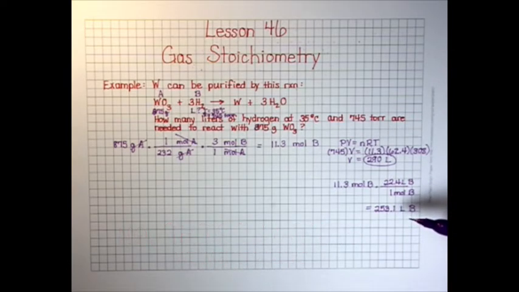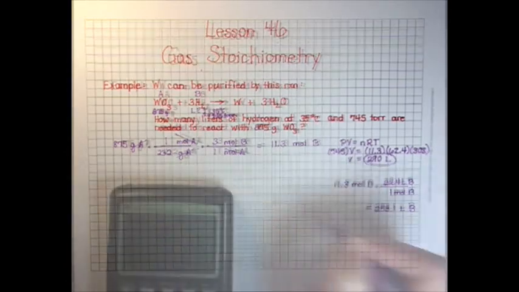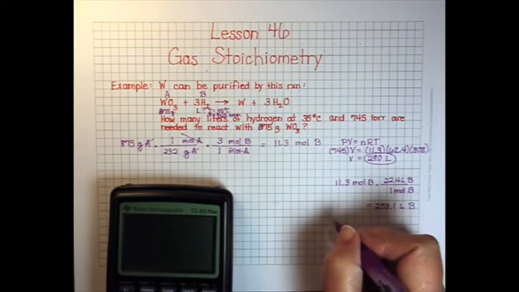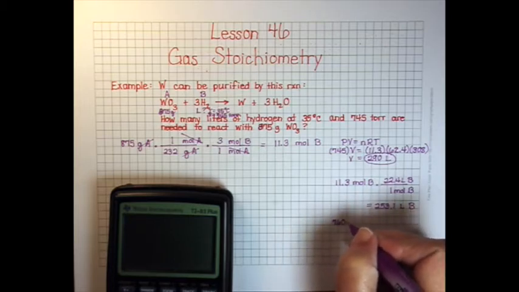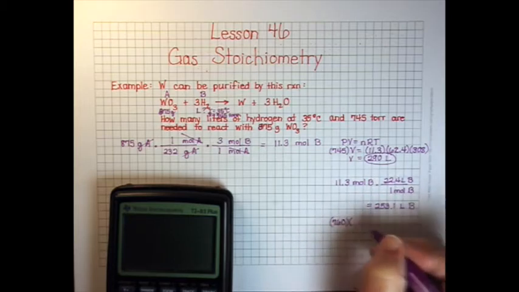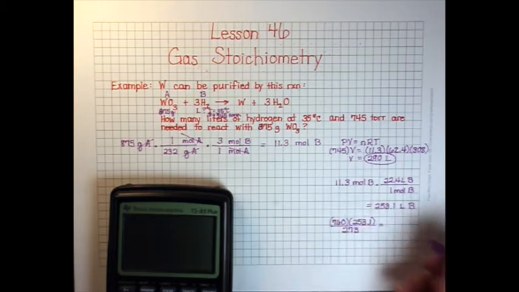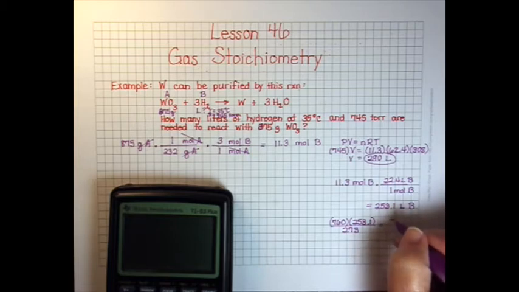So now we're going to have to use the combined gas law to change this to STP. It tells us that P1V1 over T1 equals P2V2 over T2. So 760 times 253.1 over 273 equals our other pressure, 745, times V2 over 308.